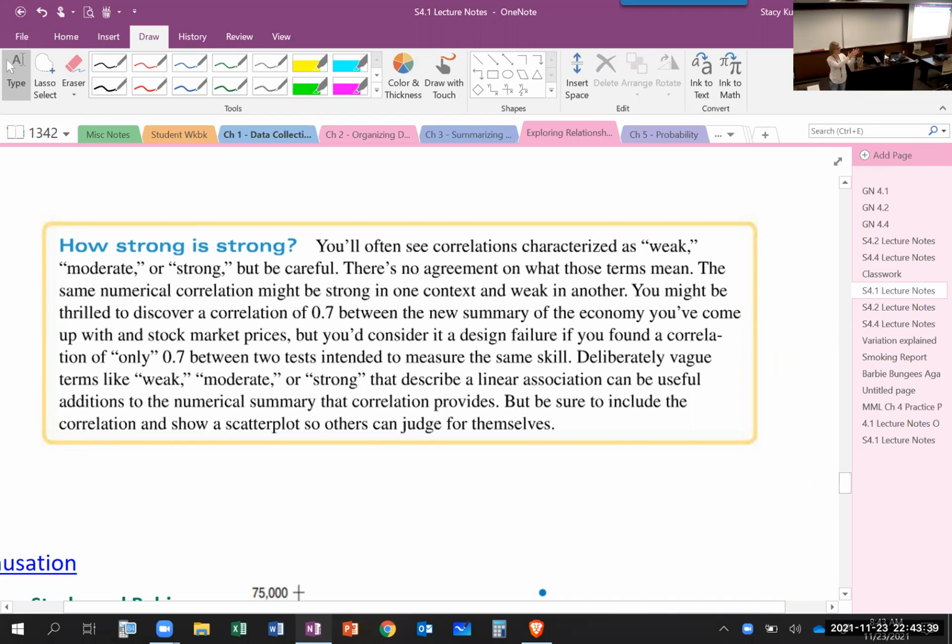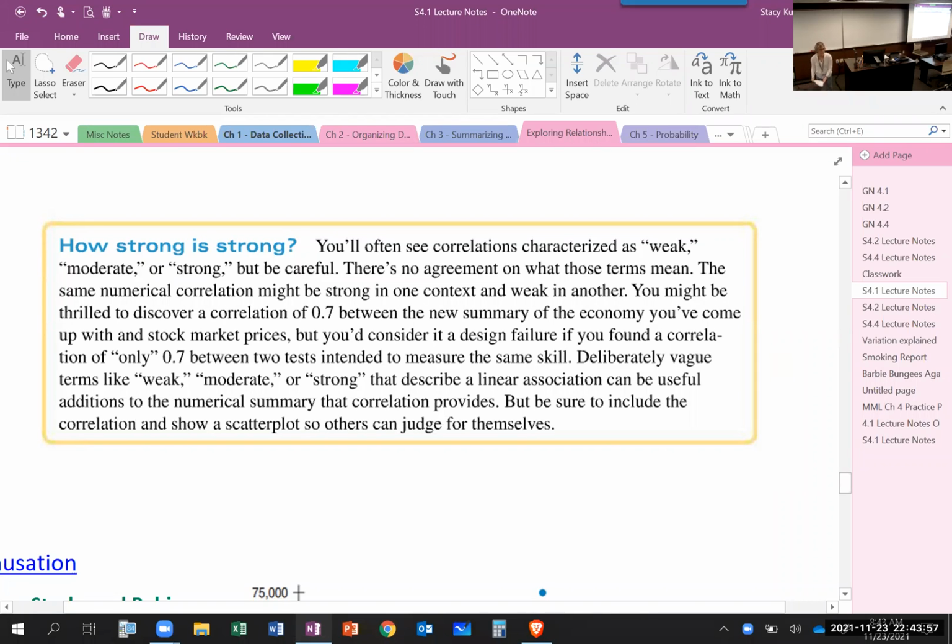In a STEM field, that relationship of a 0.4 or whatever I just used as an example would be considered really weak. All right, so it just depends on what field you're in, what study you're looking at, to determine what would be considered weak and what would be considered strong.